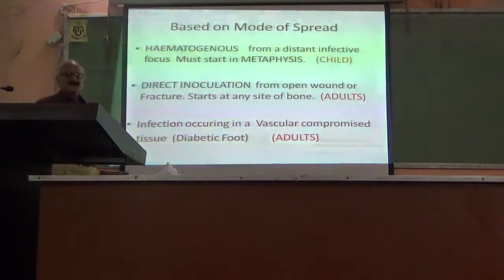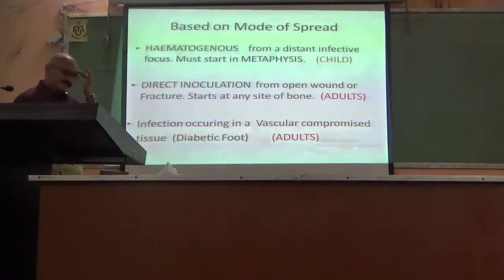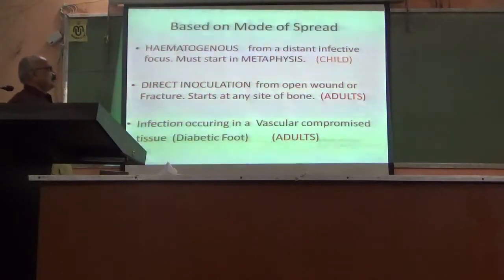And as we all know, the process of osteomyelitis usually starts in the metaphyseal region of the bone, and most of the patients are of childhood age. The metaphyseal region is the region just adjacent to the epiphyseal region, that is the end of the bone. We will come to this point, how the metaphysis is more vulnerable than other regions.